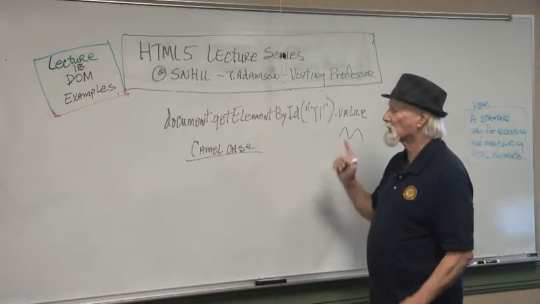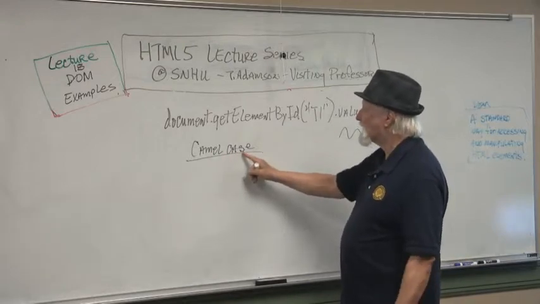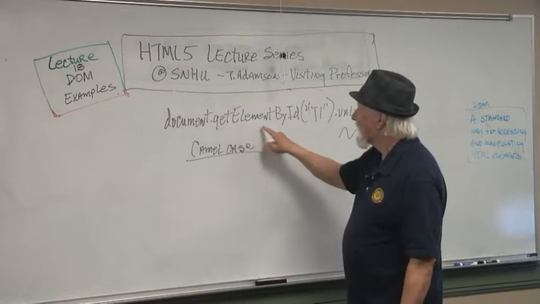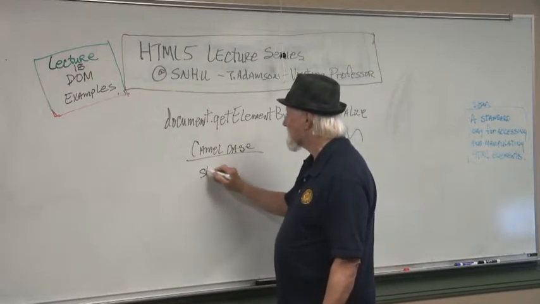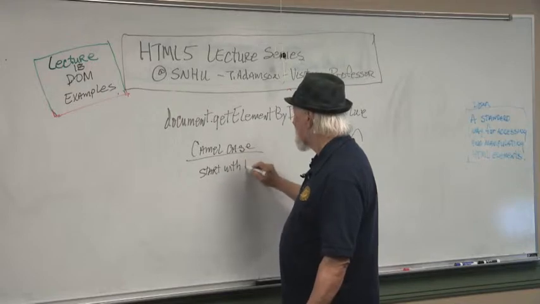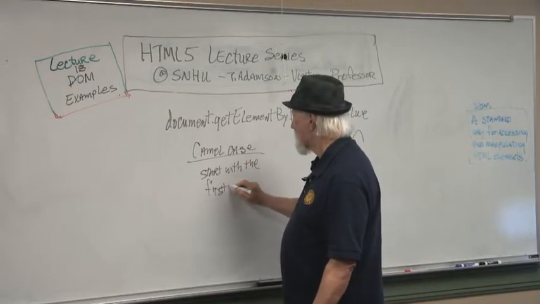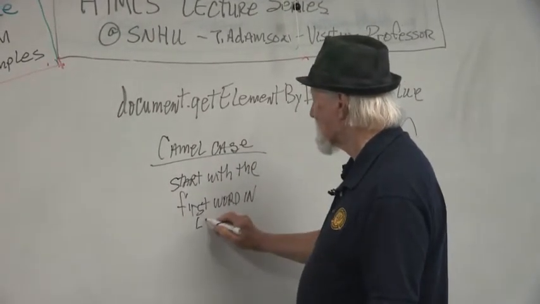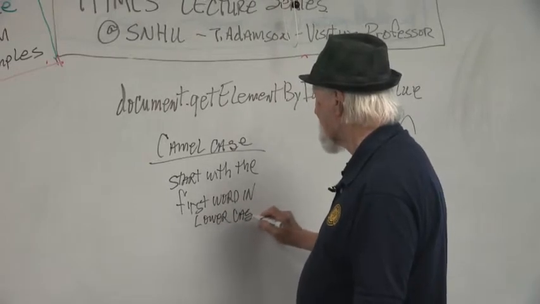And here's the rule for camel case. You take any new phrase, like the phrases are separated by dots here, okay? This is a new phrase, document. You always start with the first word in lowercase.